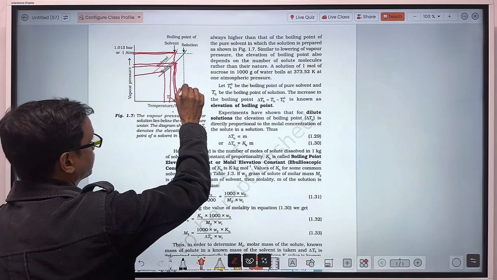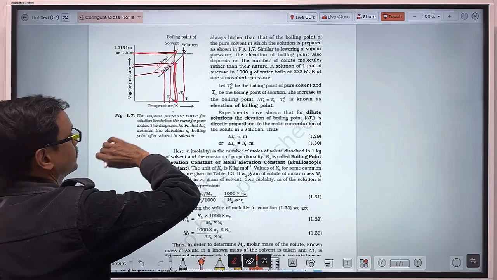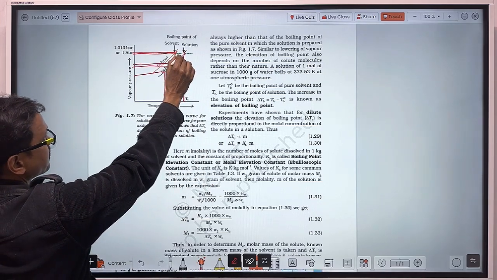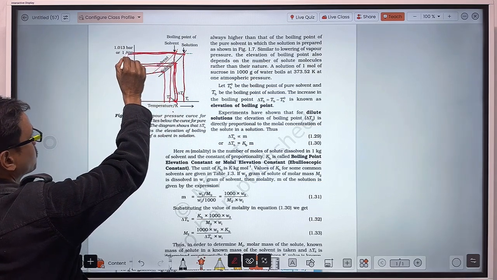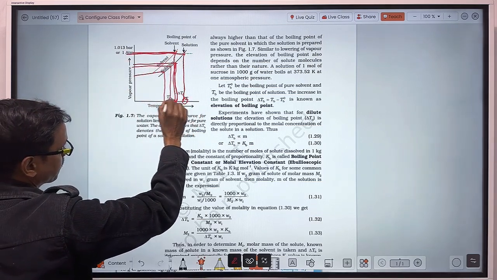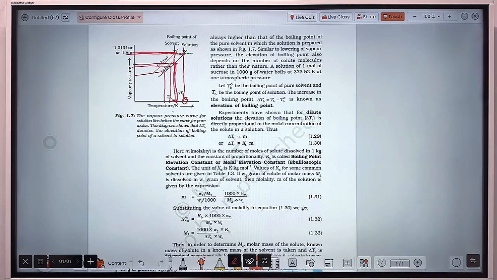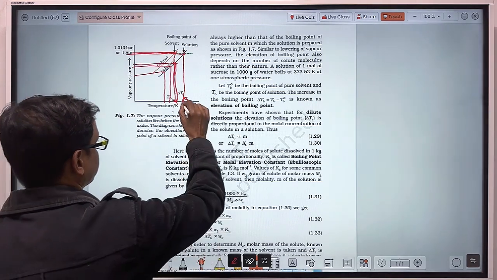Now, at this temperature, the vapor pressure of the solution is equal to 1 atm. That's why this temperature is the boiling point of the solution.